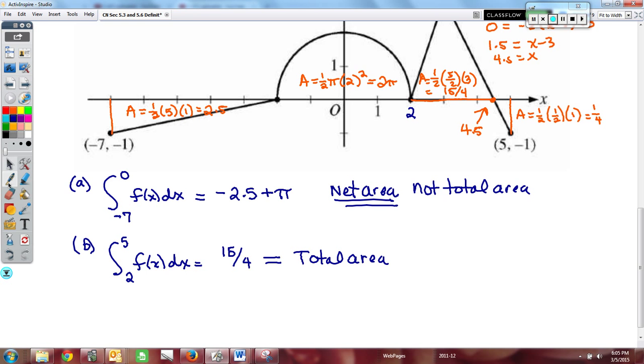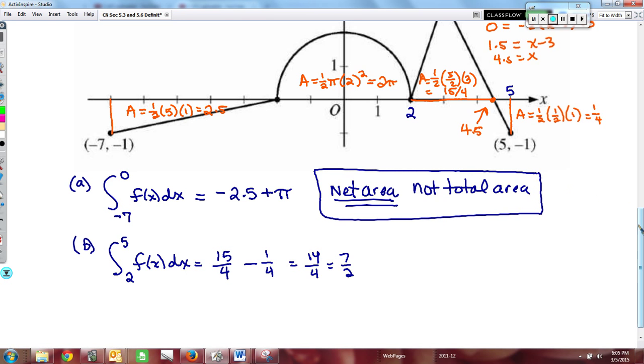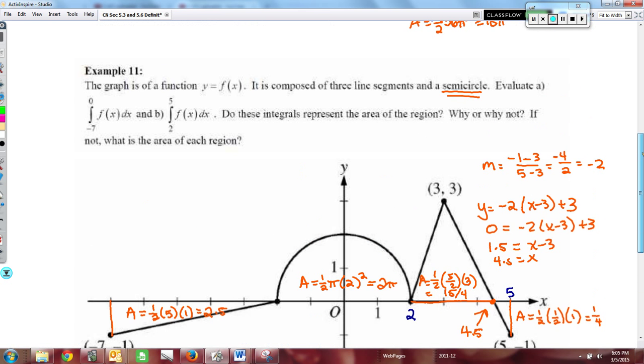I just looked at that nice little mistake I made. Let's come back and erase this. It's not going to be total area because if I'm supposed to go all the way to 5, I need to take the 15/4 that I had, and then I need to take away the 1/4, so I get 14/4 or 7/2. So the answer actually is no, both of these are net area, not total area.